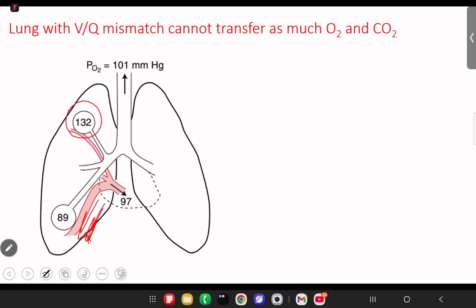So the effect of perfusion is more compared to the effect of ventilation. It's true that you get more ventilation in the base, but compared to blood flow, looking at the VQ ratios, ventilation is less at the top, but still very high compared to the perfusion. Perfusion is low in the top part of the lung.